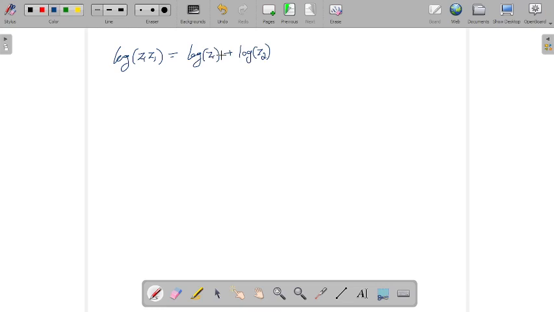That is, log of z1 into z2 may not be the same as log of z1 plus log of z2. Let me write it here. This need not be equal to log of z1 plus log of z2.